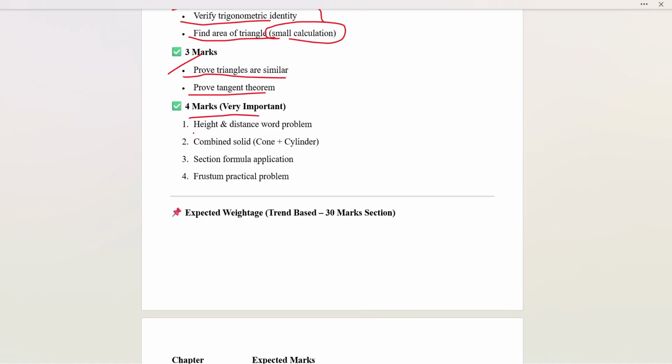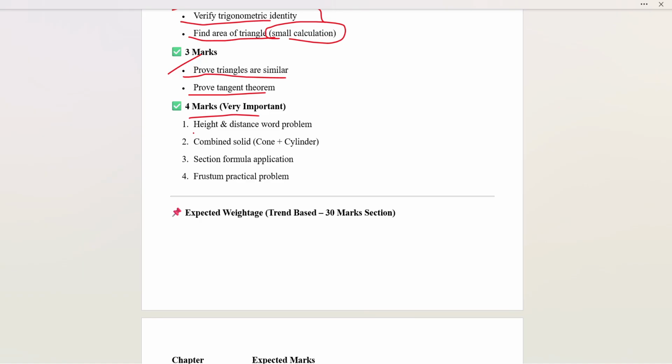For maths they only check your stepwise calculations, how you solve the problem, how you write the formula, the given things, proof, etc. So it is a scoring subject.